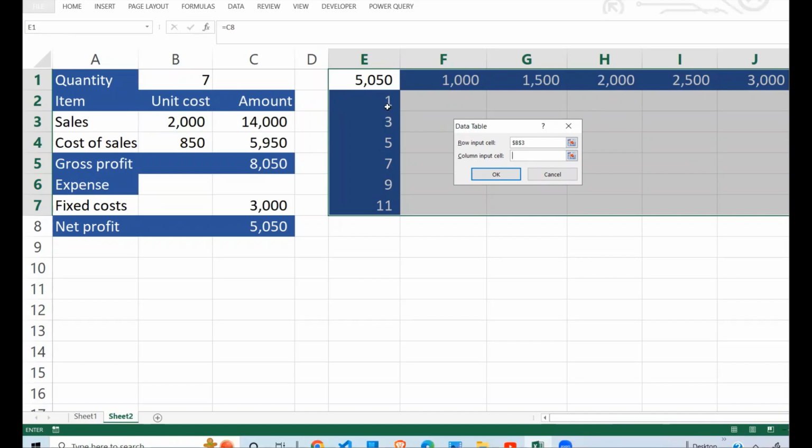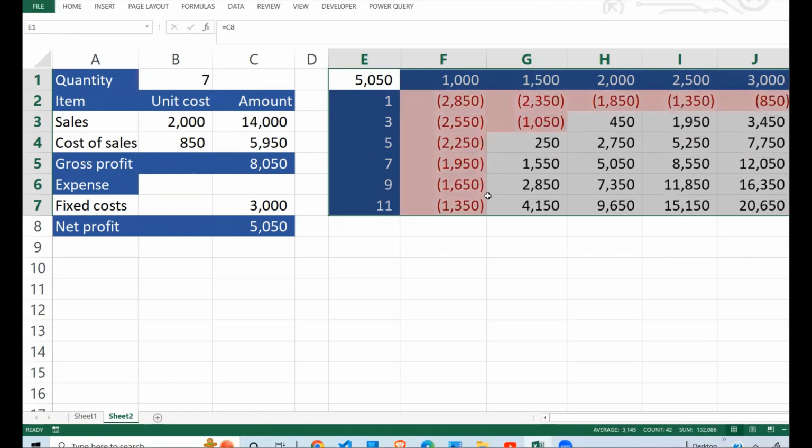Then in our table here, the figures of quantity are in column form. This is a column. So this quantity, we need to link it to our model here. And we are going to use the column input cell and link it to that and say, okay.